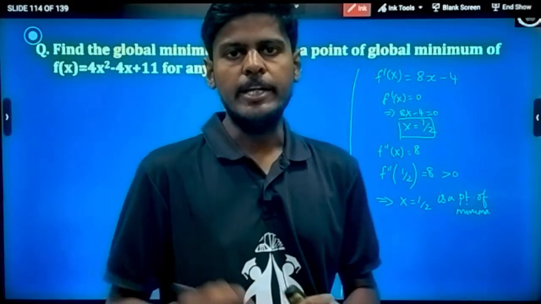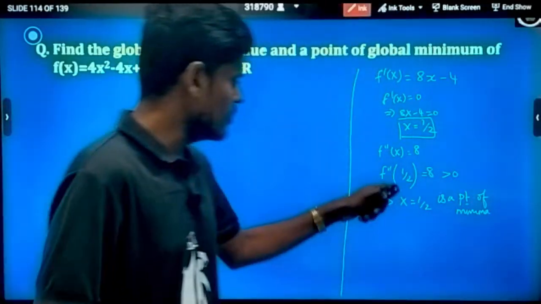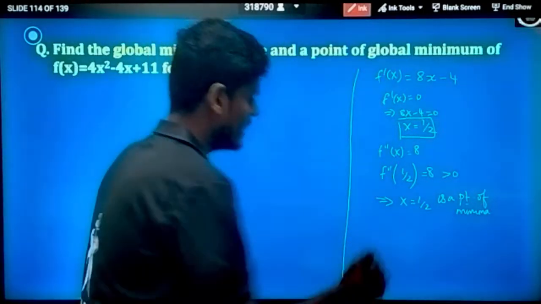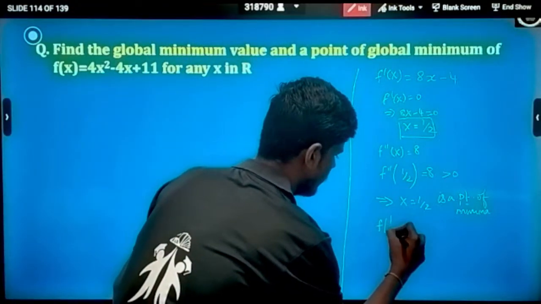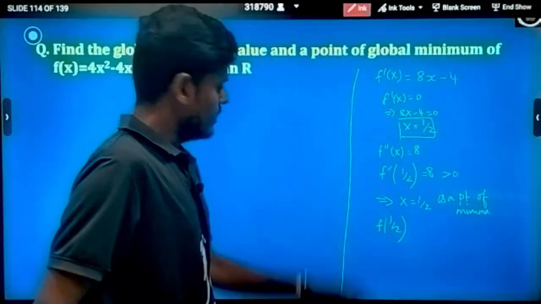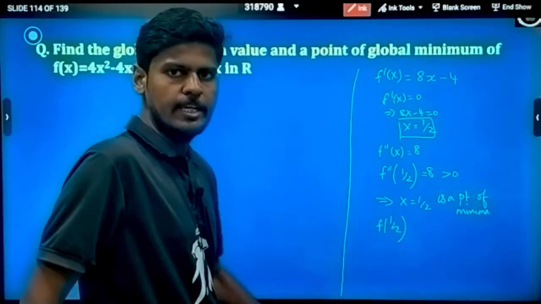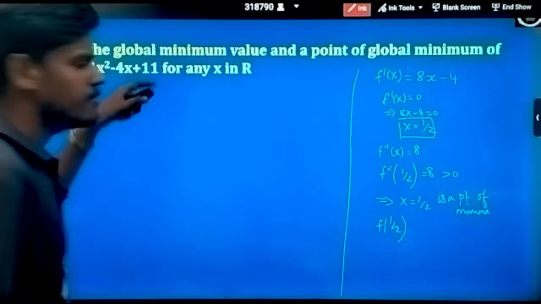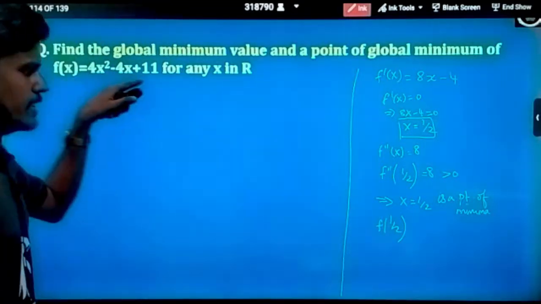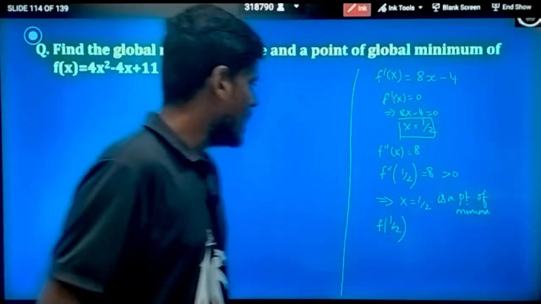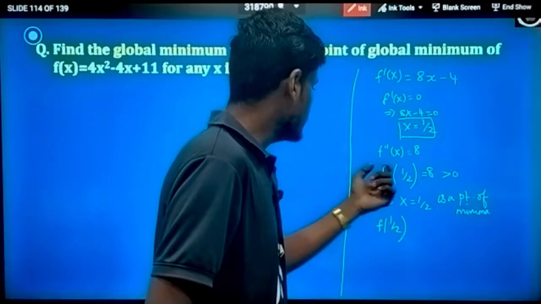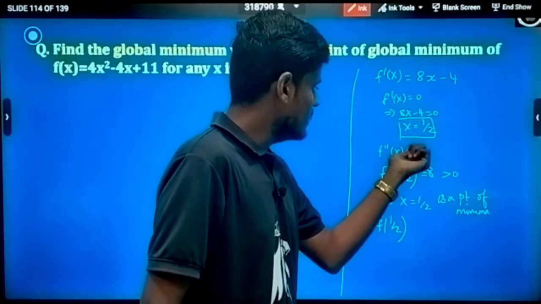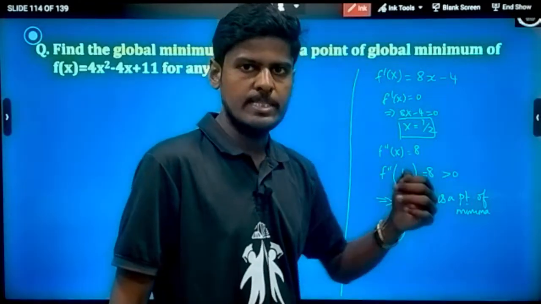The point of minima is x equal to 1 by 2. If we have to find the minimum value, that will be f of 1 by 2. Always remember to substitute this value in the given function. Another common mistake students commit is, when finding the double derivative, don't consider an interval or take any example to decide if it is greater or less than 0.